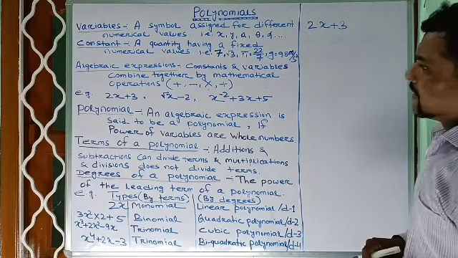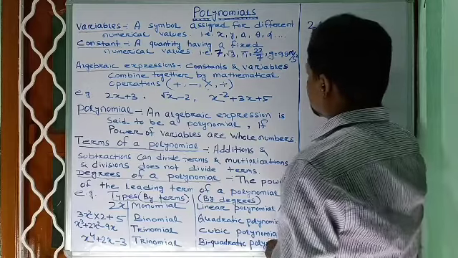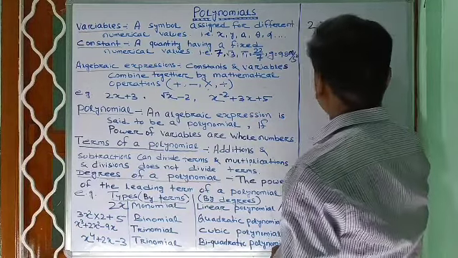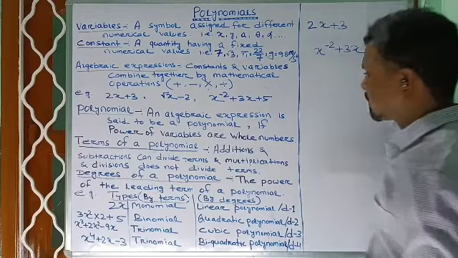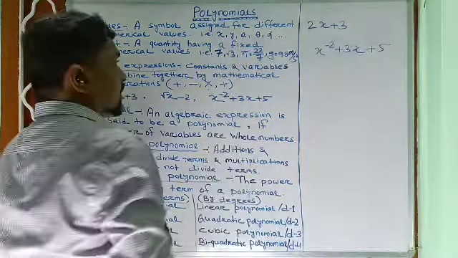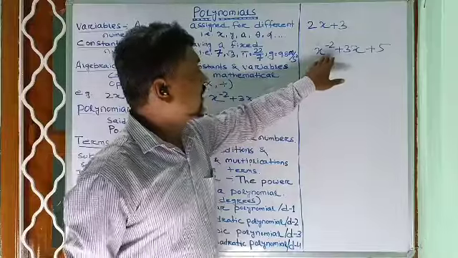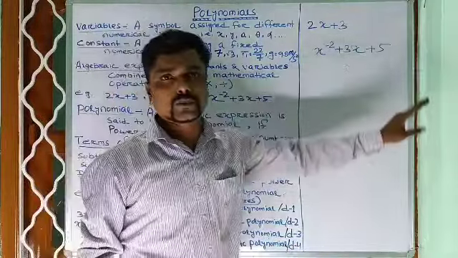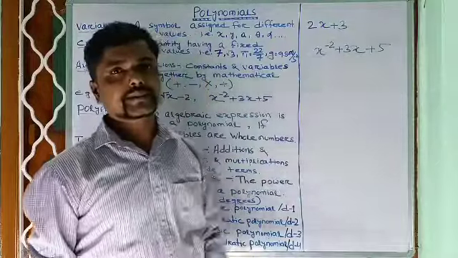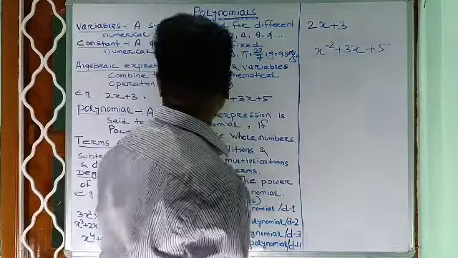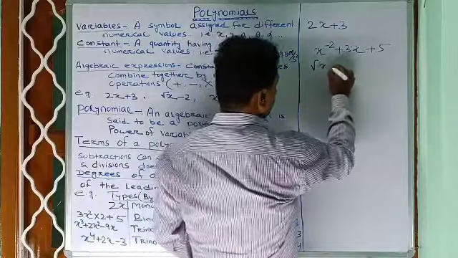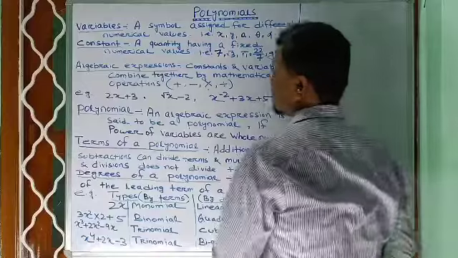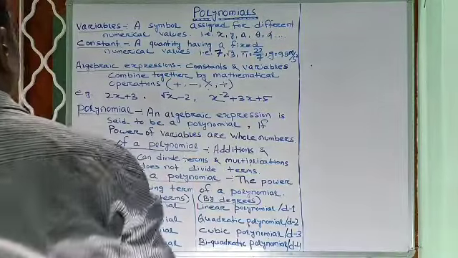If I take this example, x to the power minus 2 plus 3x plus 5, then here the power of the variable is negative. It is not a whole number. So it is not a polynomial, but it is an algebraic expression. If I take root x plus 3, so you understand the difference between an algebraic expression and a polynomial.